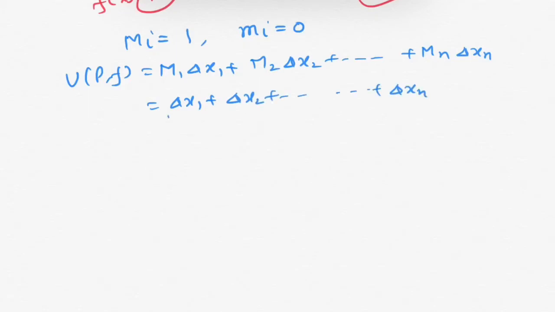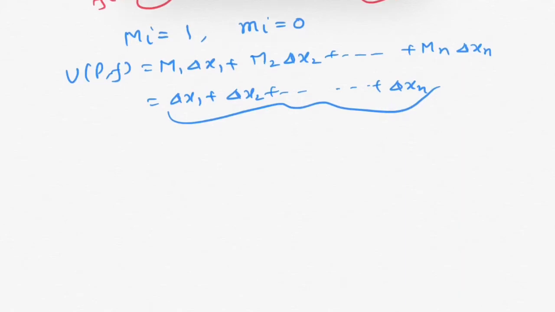This is the sum of the lengths of the subintervals, and their total sum equals the length of the interval [a, b], which is b minus a. So you can see here U(P, f) is independent of the partition P. Hence the infimum of U(P, f) will also be b minus a.